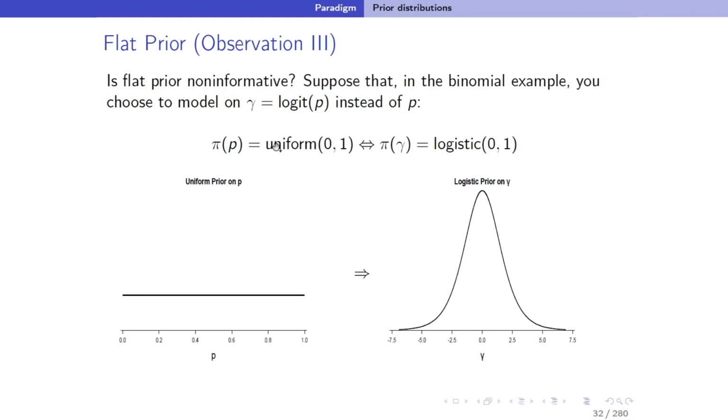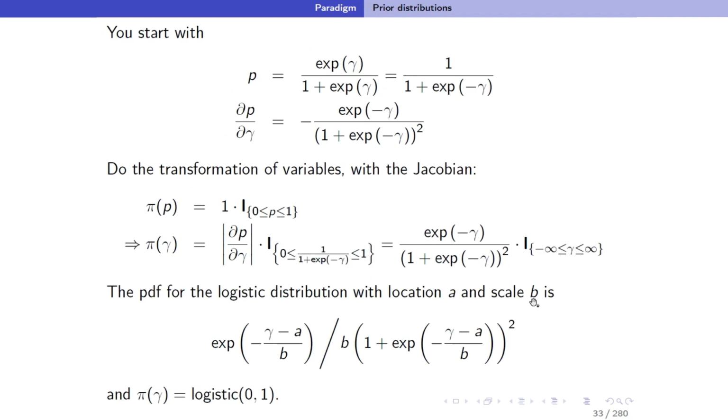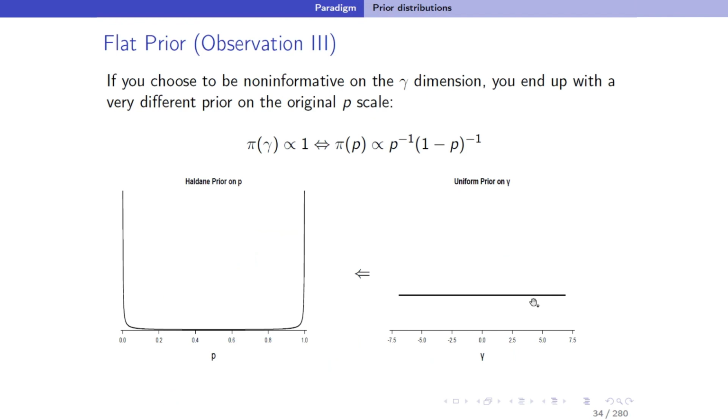If you transform the variable to logit of p, the prior is a logistic distribution. This by no means is going to be flat. You can't say this is very flat. I skipped the way to do the transformation of variable; it's a Jacobian thing. On the other hand, if I were to choose a non-informative prior, just assigning equal likelihood to all parameter values on the logit scale, I translate back to a prior that is peaky on both sides.